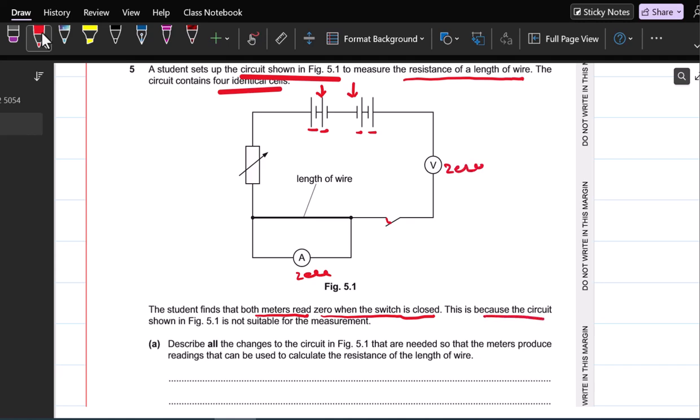This is because the circuit shown in figure 5.1 is not suitable for the measurement. So there is a problem, and we have to identify that. The very first thing is that these cells are connected in series, but their polarities are opposite. They are connected in opposite order.